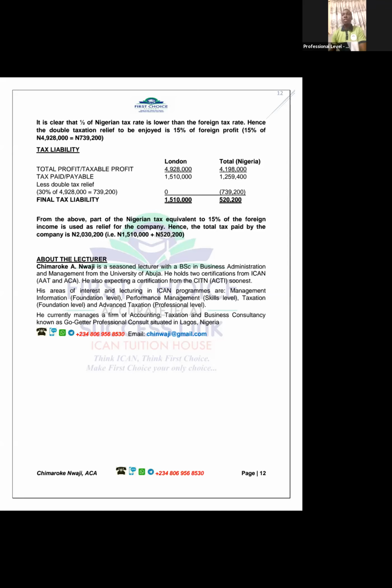Even though he's a non-resident, not spending up to 183 days in Nigeria, and he's doing trading, they will tax you by virtue of the fact that you are doing trading. If it is just employment income, you won't be taxed as long as you're not a resident. But once you start doing trading, you will be taxed. Because you are doing international trading, they will tax you there, foreign company, foreign currency.